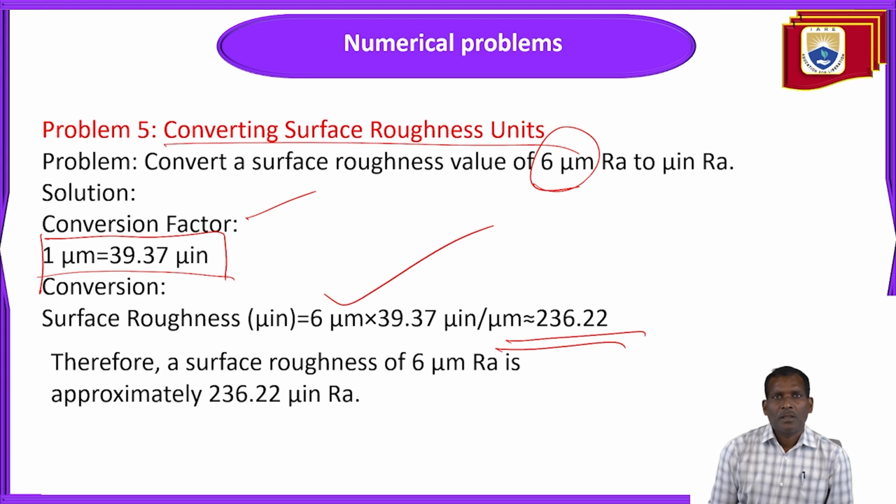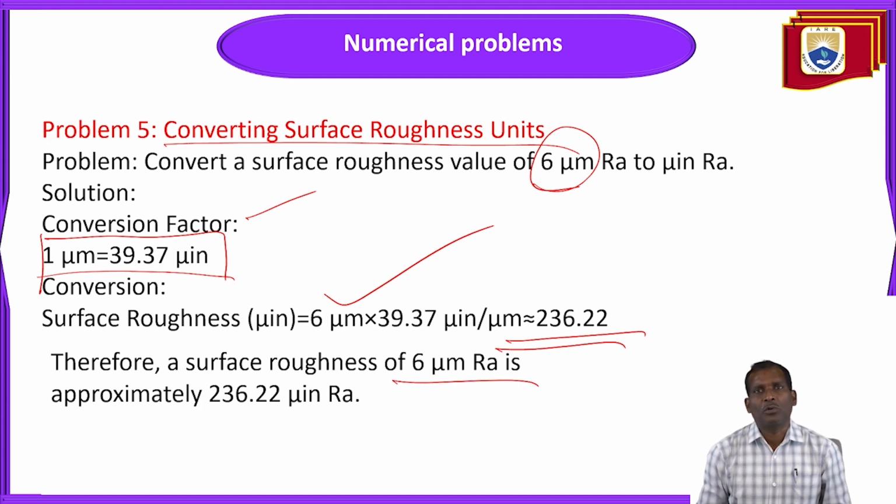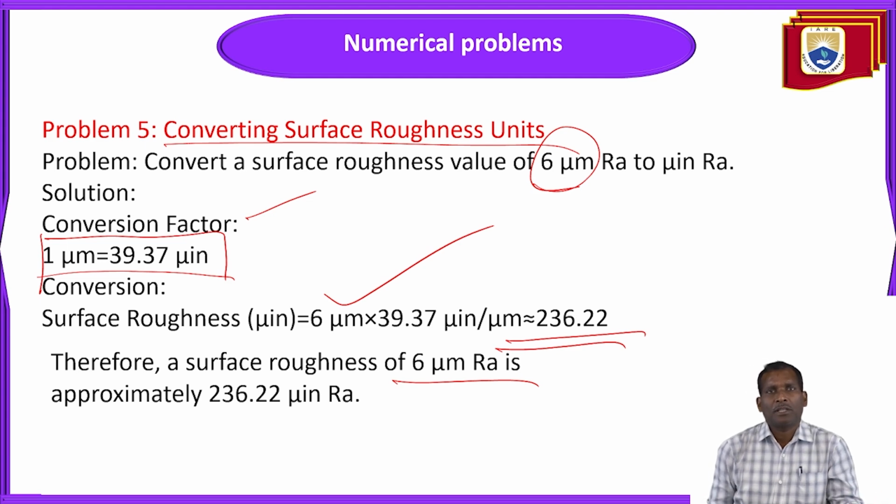Therefore, a surface roughness of 6 micrometers roughness average is approximately 236.22 micro inch roughness average.